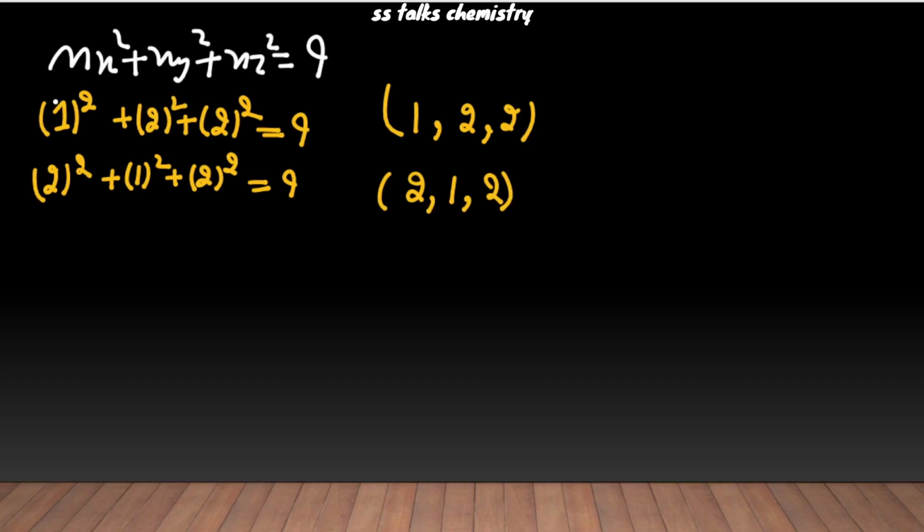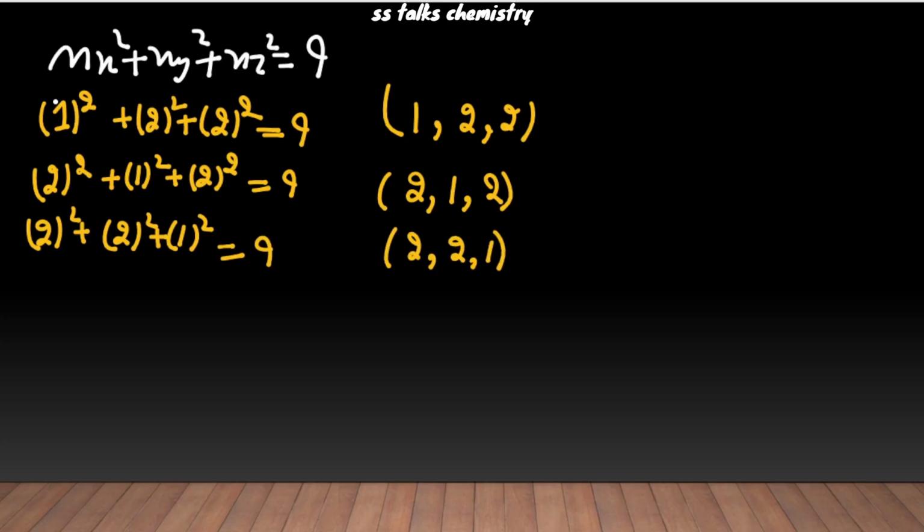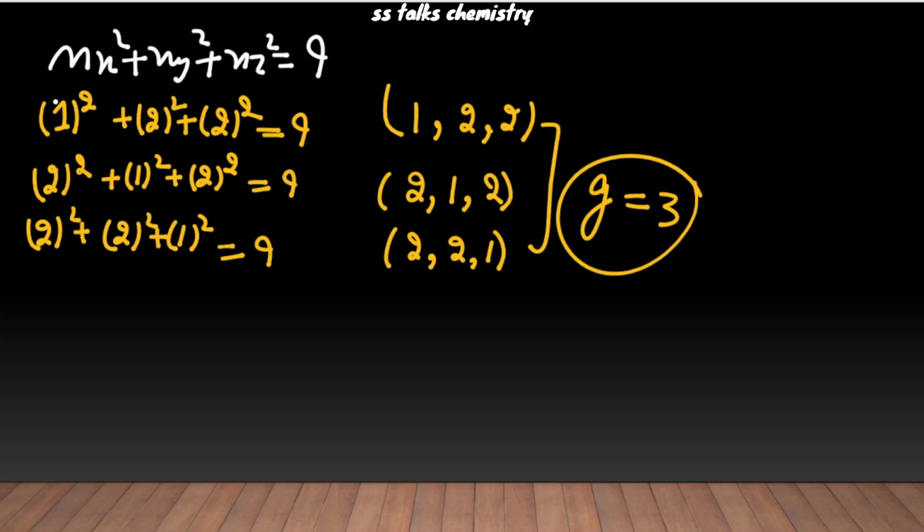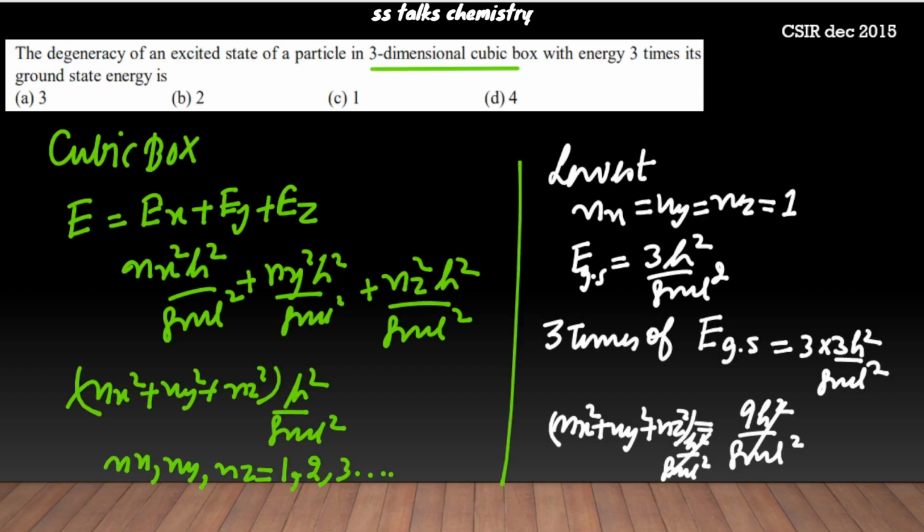Next, if it is 2 square plus 2 square plus 1 square, again this is coming out to be 9, which implies the level will be 2, 2 and 1. So these three levels are going to give the same energy, which is thrice the ground state energy. So we can see from here that the degeneracy is 3 in this case, right? Of the options, option A only says that the degeneracy is 3.